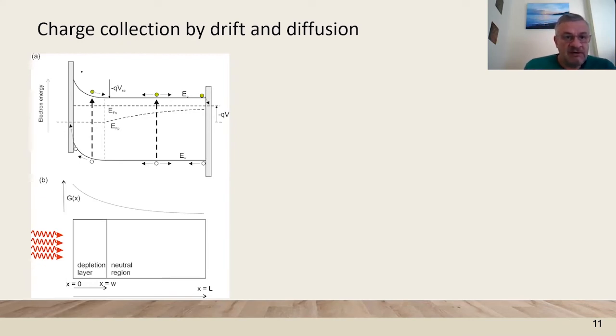For example, if we have a depletion layer at the surface, this will rapidly extract the holes in the electrical field, and then there is a deeper neutral region where there is no electrical field, and still here we have a region where we can collect the carriers by diffusion.